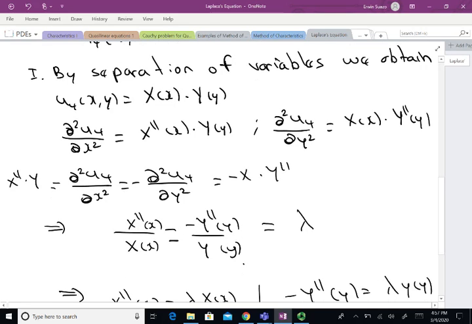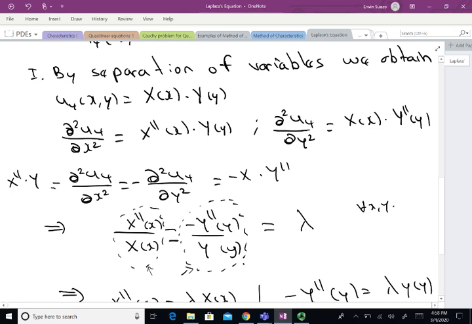So we do as usual. We put x's with x, y's with y, and then we get that this function depends only on x, and this other one is a function depending only on y. They are equal all the time, for all x and for all y.